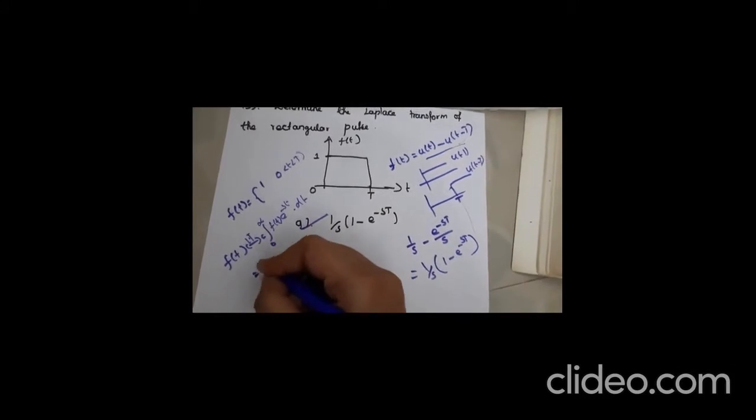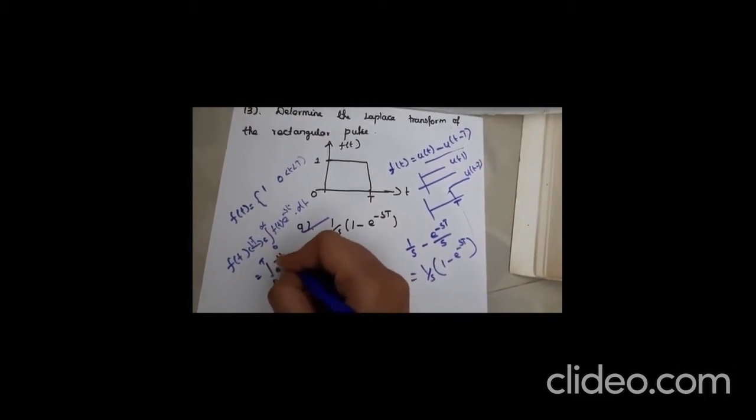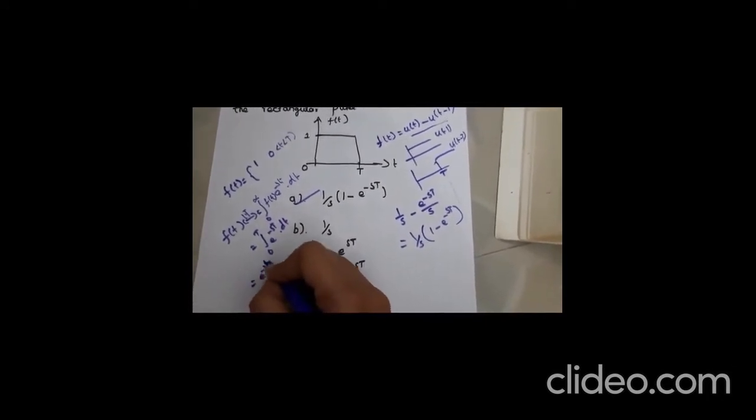Here f of t is 1. The time interval is 0 to T. So e power minus st into dt. So that is given as e power minus st divided by minus s. The limit is 0 to T.